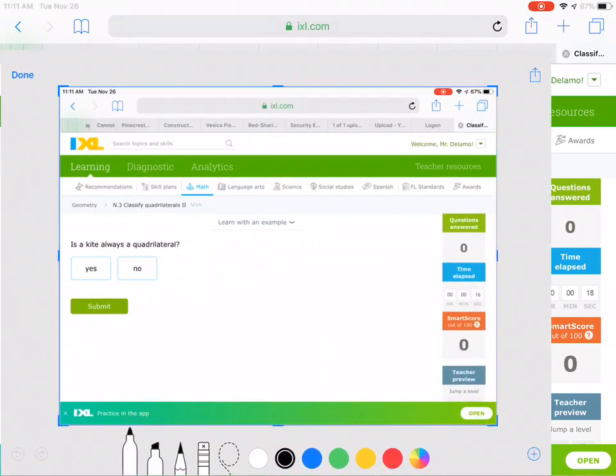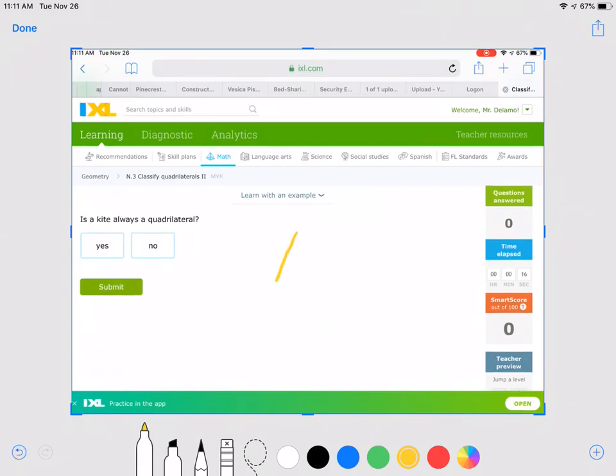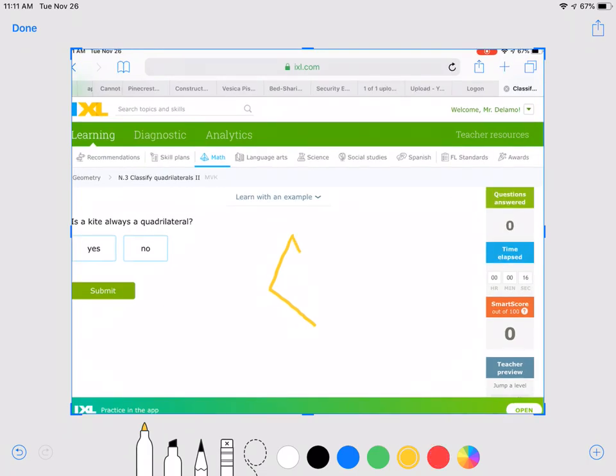I was about to explain what a kite is. So we have this kind of shape. Okay, and specifically this was the same as this, and these two were congruent.